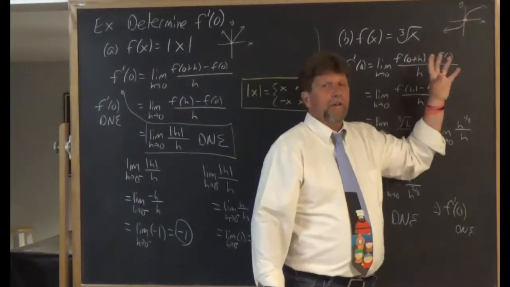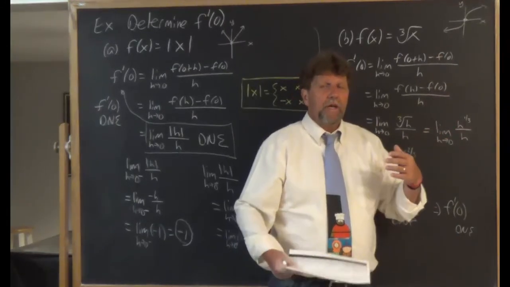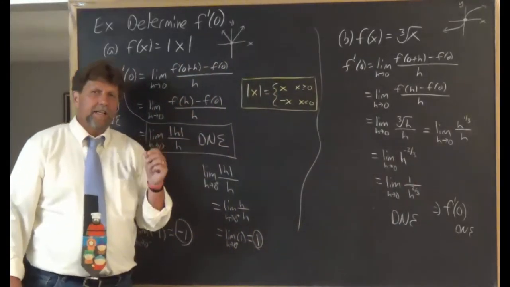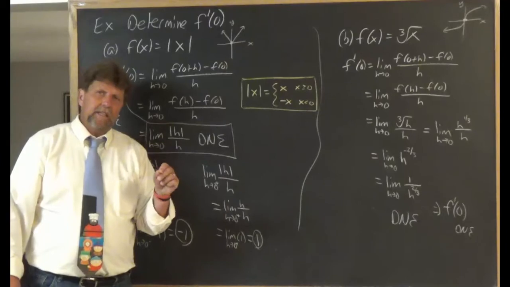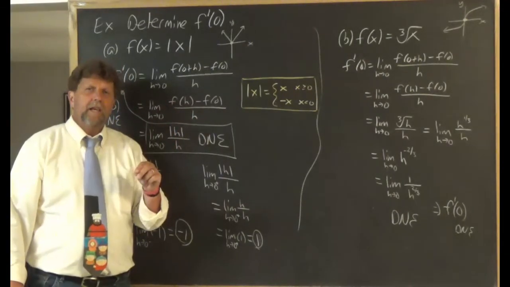And there's a graphical connection to this as well. Both of these examples illustrate the graphical connection on when a derivative does not exist. We're going to head back to the slides, and I'm going to highlight it with both of these. And I'm also going to highlight something else.